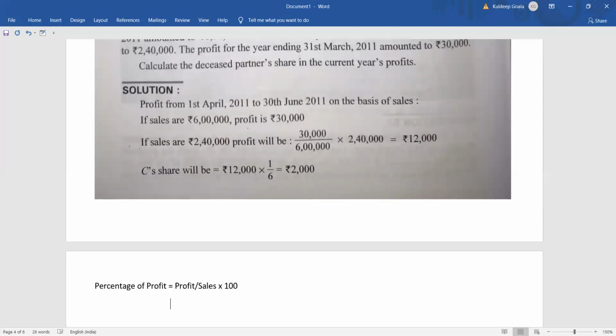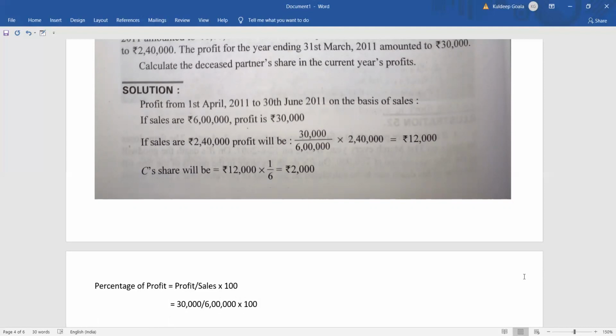So last year's profit was how much? 30,000. And what was the sales? It was 6 lakh. So how much percent will come?